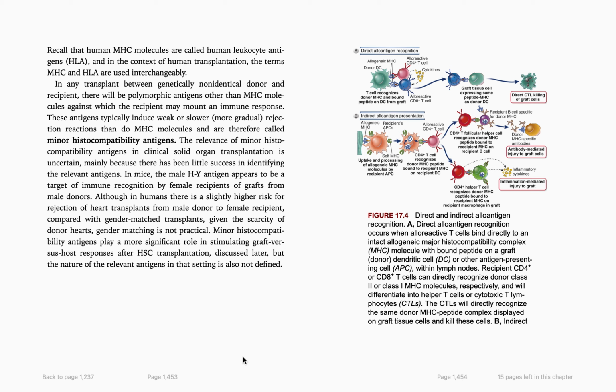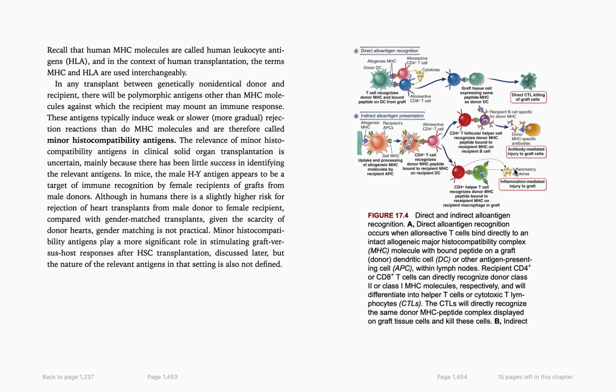Minor histocompatibility antigens play a more significant role in stimulating graft-versus-host responses after HSC transplantation, discussed later, but the nature of the relevant antigens in that setting is also not defined.